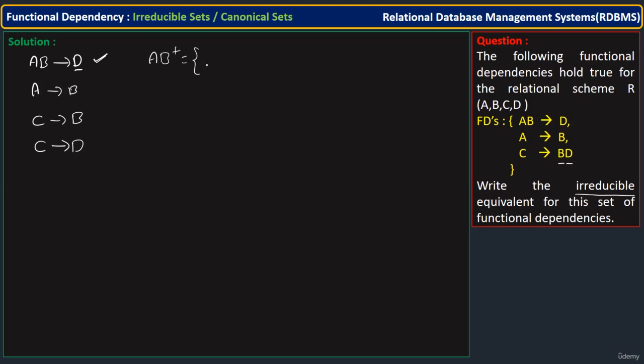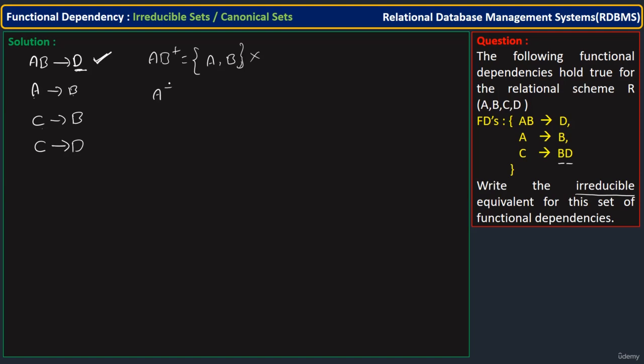A is deriving B, but B is already there. Are you able to generate D? No, because on the LHS we have only C. So we are unable to generate D. So this is essential.